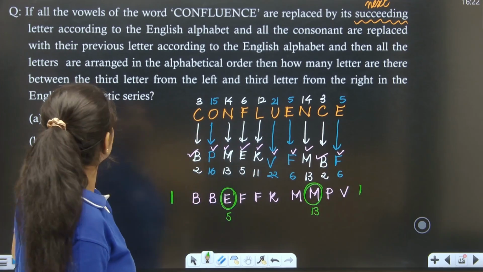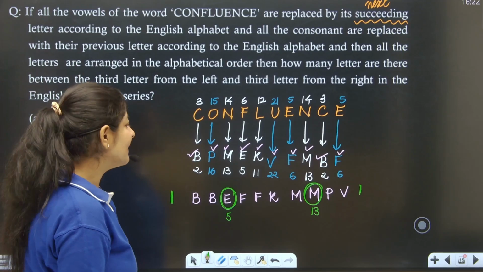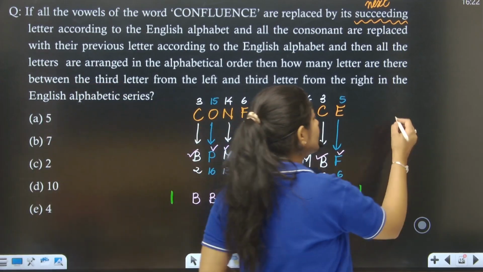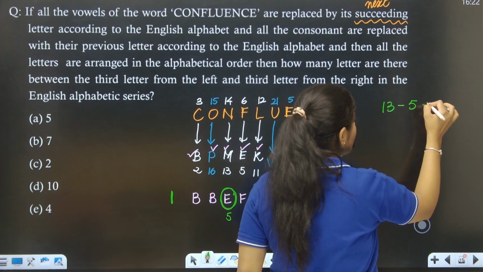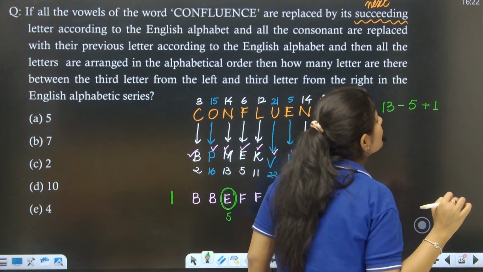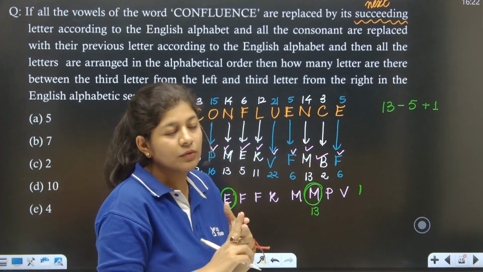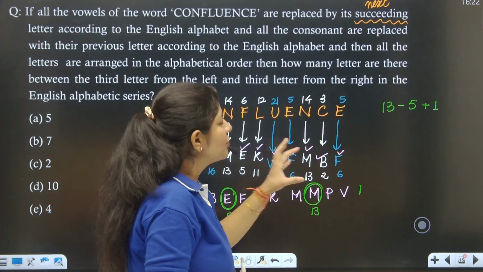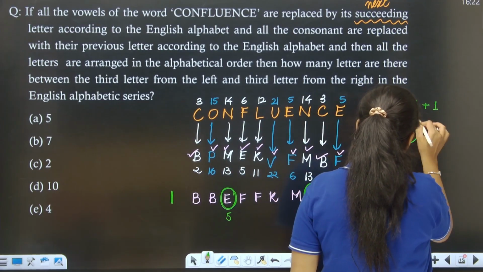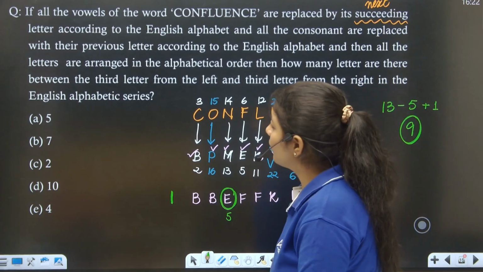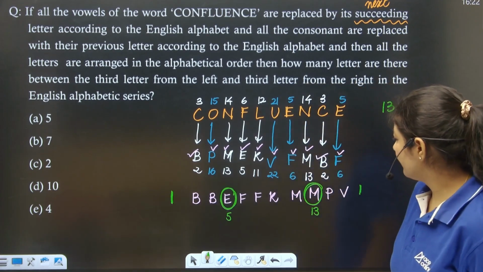We need to find how many letters are there. So 13 minus 5, but we also need to add 1 as we eliminated both of them. So 8 plus 1, that means 9 elements. Are we having 9 in our option?